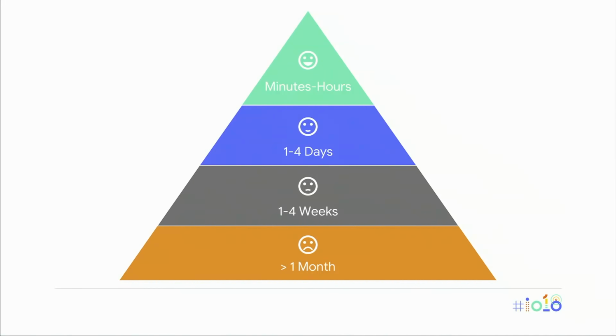And when it starts to take more than a month, I think it's not even worth thinking about. And this is not an exaggeration. Training complex models, such as the ResNet50 that we'll talk about later in the talk, can take up to a week on a single but powerful GPU, like a Tesla P100.